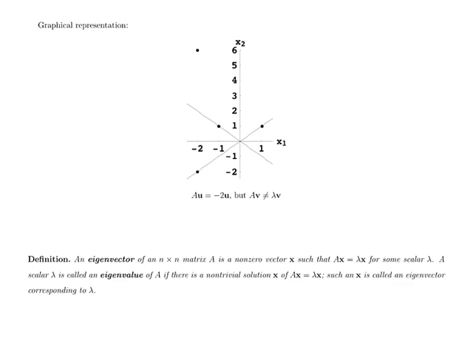So if we think about this graphically, here is a picture of the vector u. And when we multiplied it by A, we were left with a multiple of u, -2u.